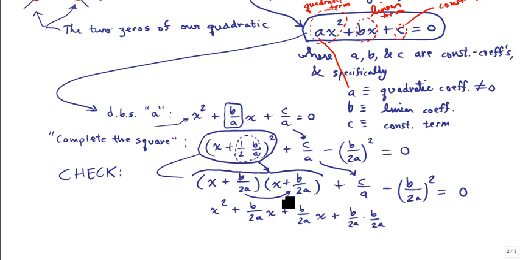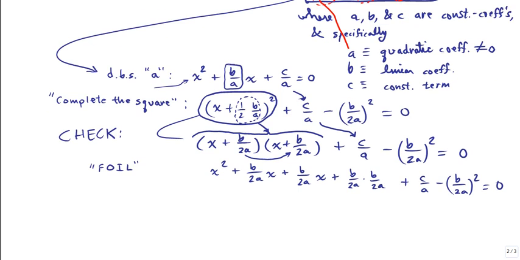What I did here is known as FOIL: first, outer, inner, and last. Then plus the c over a minus the b over 2a being squared.